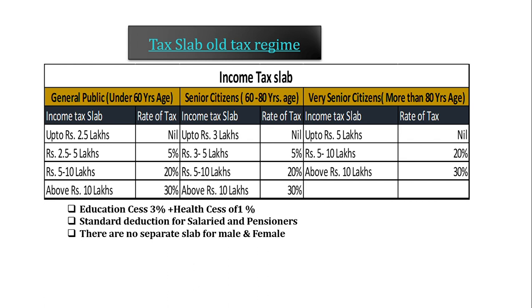For senior citizens and very senior citizens, I have also cited the tax slabs. Overall, we have education cess of 3% plus health cess of 1%. There is a standard deduction for salaried persons and pensioners, and there is no separate slab for male and female in India.